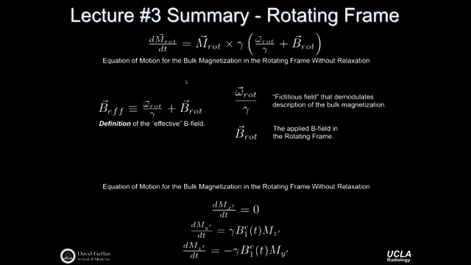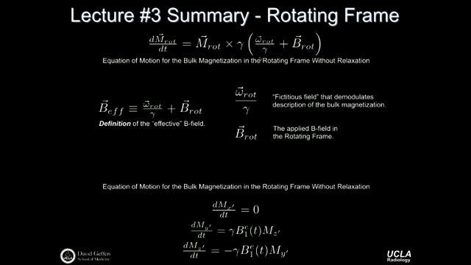At any rate, this looks very similar to the equation of motion for the bulk magnetization that we had in the laboratory frame, but we had to introduce this idea either of B effective or of this so-called fictitious field term. And so if you look at the B field that's acting on our spin system in the so-called rotating frame, it's the sum of two fields.